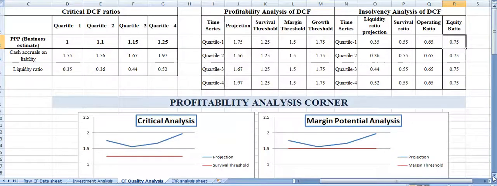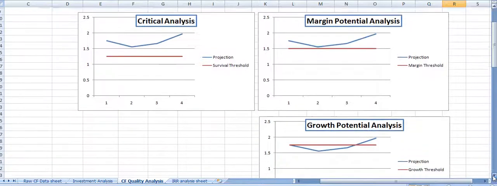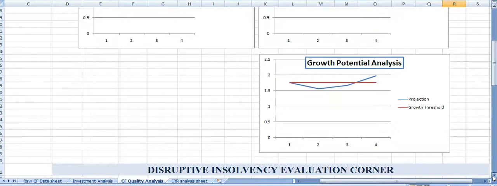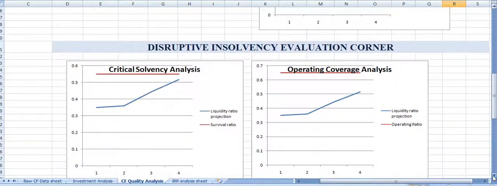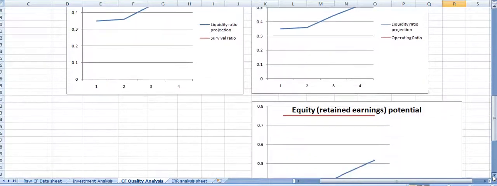And we evaluate the values of the insolvency ratios in context of these benchmarks.